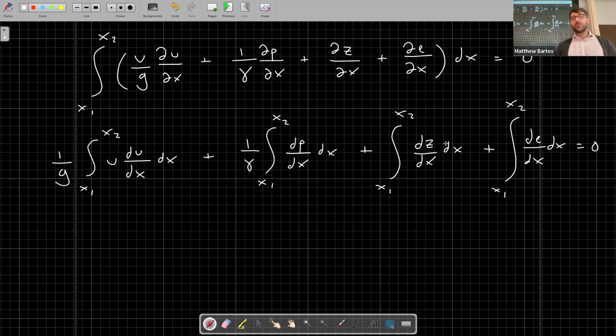You'll notice that for each of these expressions, we have this dx in the denominator of our derivative and a dx that we're integrating over. So we can essentially think of these as canceling out. The dx's, our increments of integration, cancel.